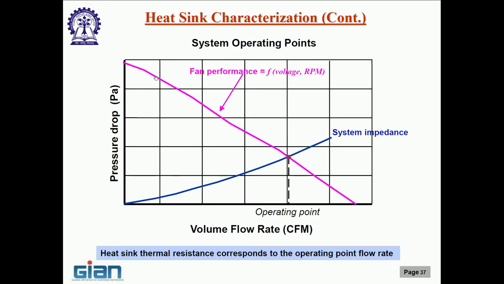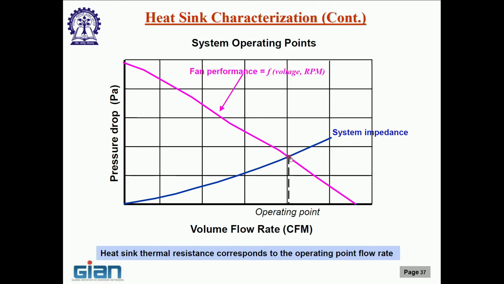Like your battery or an EMF source, if your resistance is high, your current is going to be low. If your resistance is low, current is going to be high, same thing. But over here, it is not a very simple equation like V equals IR. What we have here is a fan characteristic curve and a system resistance curve, and where they intersect is going to be your operating point.